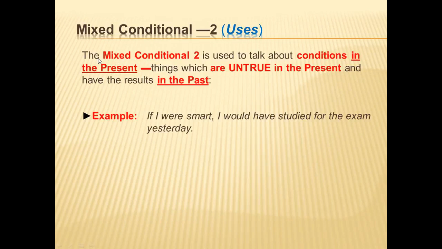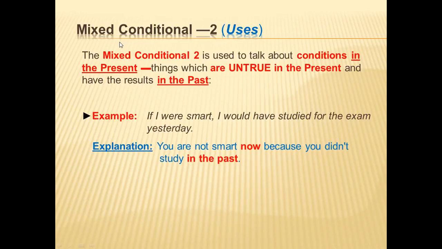The mixed conditional talks about the condition in the present day. It means the condition now, things which are untrue in the present and have a result in the past. If I were smart, I would have studied for the exam yesterday.